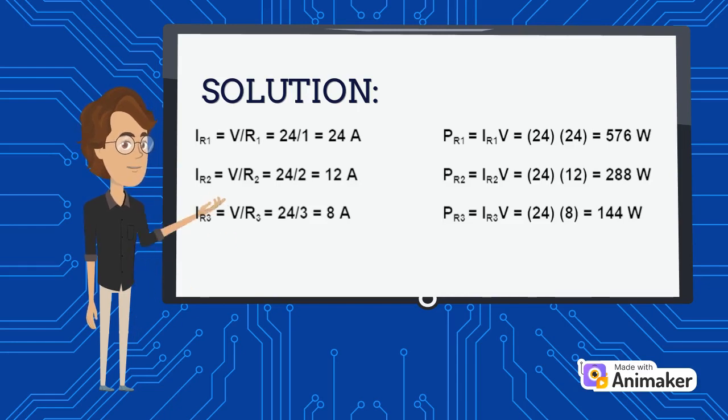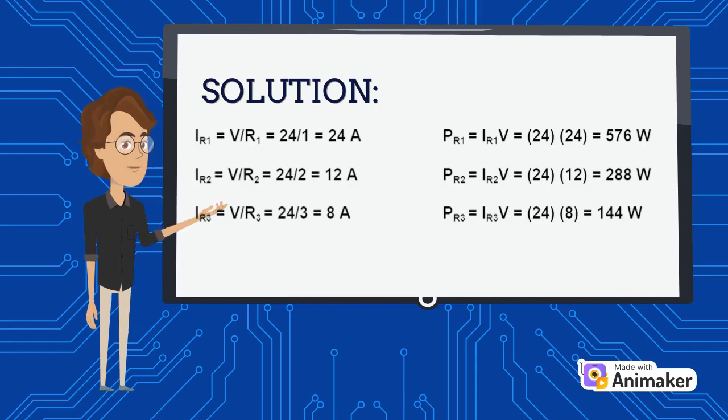Next is for the I of R sub 2, which is V over R sub 2. So 24 volts over 2 ohms is equal to 12 amperes. And next, for the I of R sub 3, we have V over R sub 3, which has the values of 24 volts over 3 ohms, which will give us a total current of 8 amperes.